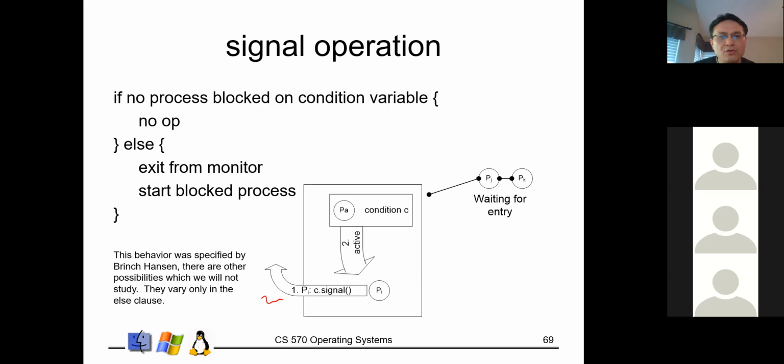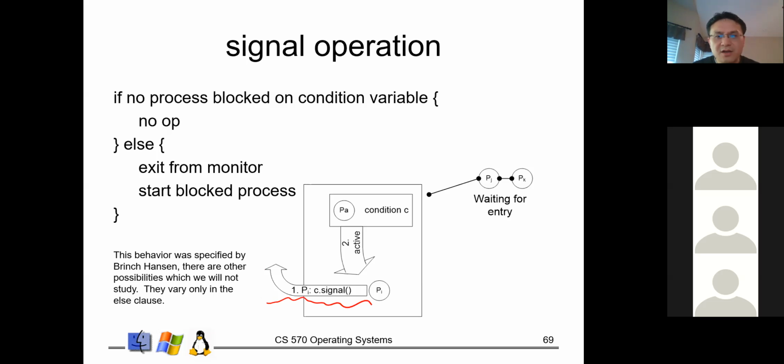When you do signal, you would check the wait queue to see if there are any processes or threads waiting on the queue, so that you can bring one from that wait queue back to ready.